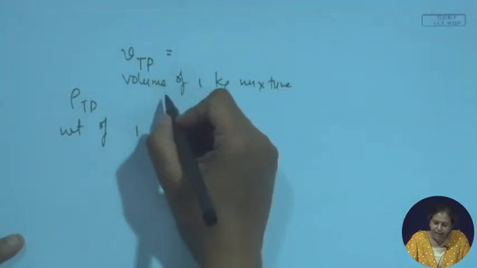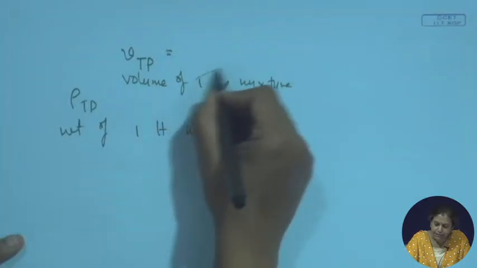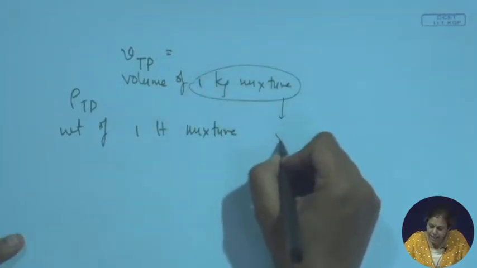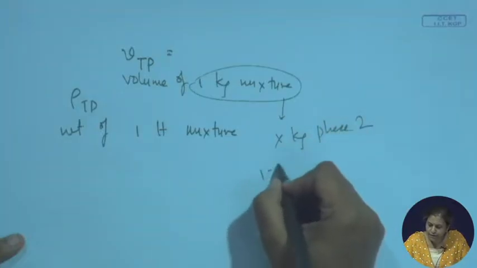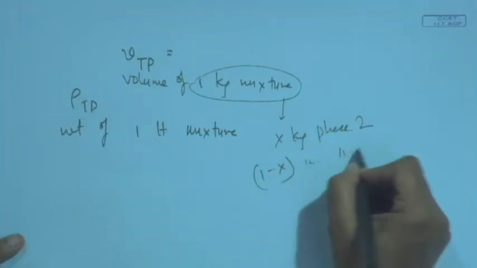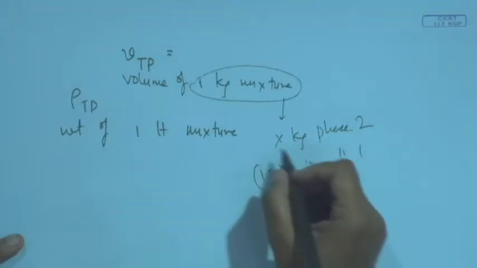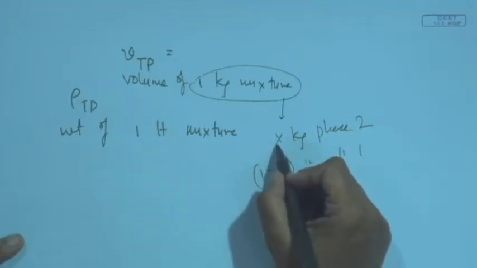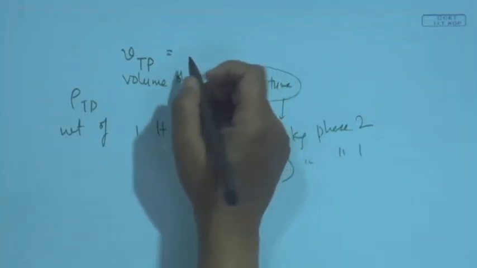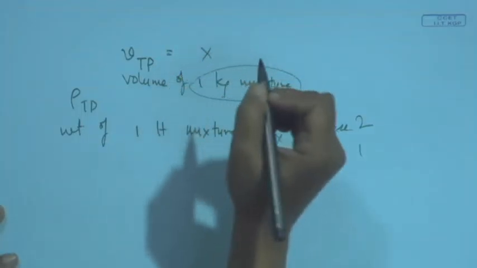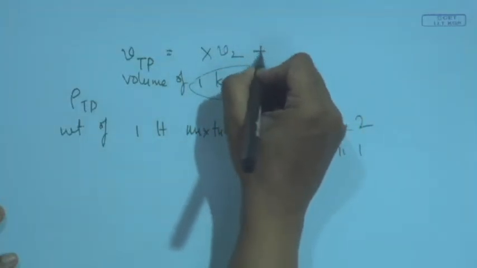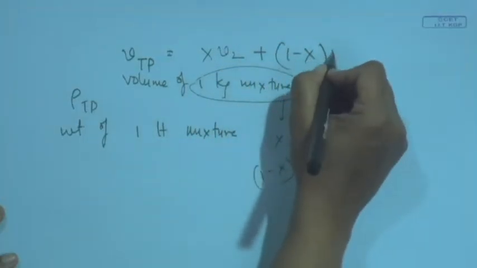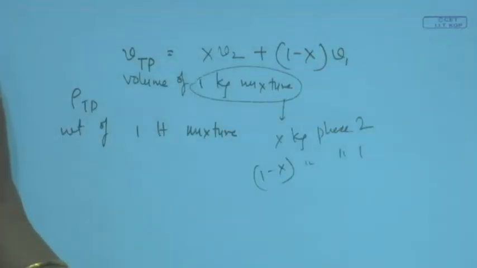In this 1 kg mixture, there is x kg of phase 2 and 1 minus x kg of phase 1. So, the volume is going to be x into V2 plus 1 minus x into V1.